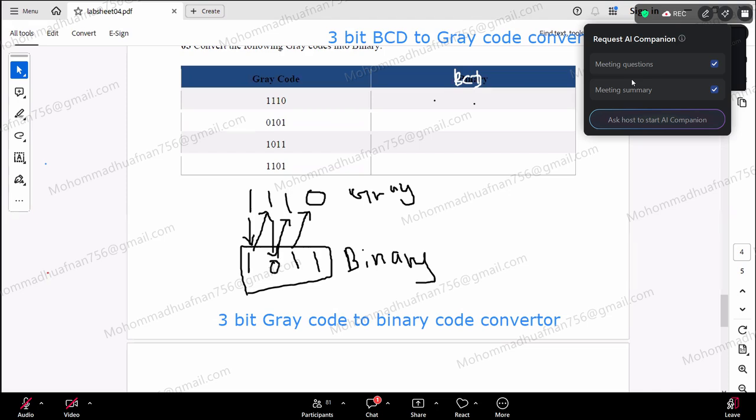Okay, so 23, no issue. If you can generate for bit one, no issue. So 91, I saw your registration number now, right?